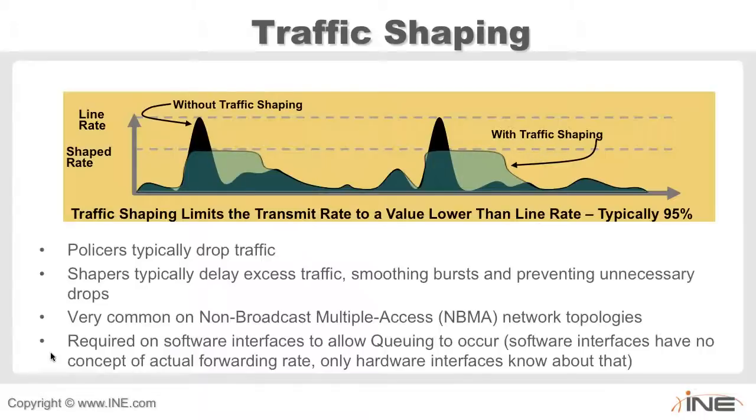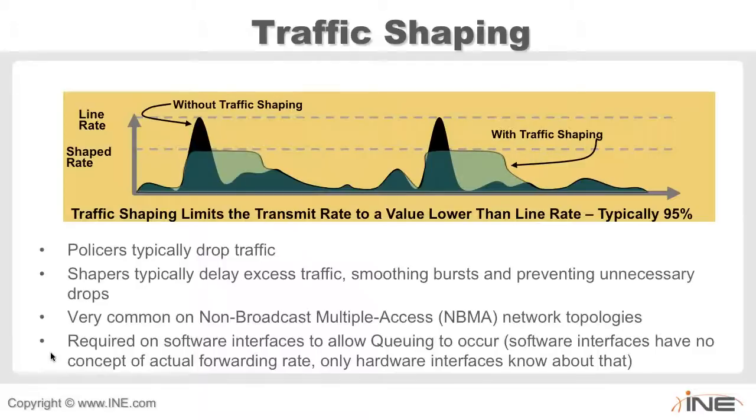And you cannot put priority queuing or class-based weighted fair queuing, or the combination of the two, which is called what? I know it's been a long lecture, but it's called low latency queuing. You can't put those directly on a software interface. You have to provide some point of reference that provides the concept of the actual forwarding rate to software queuing.